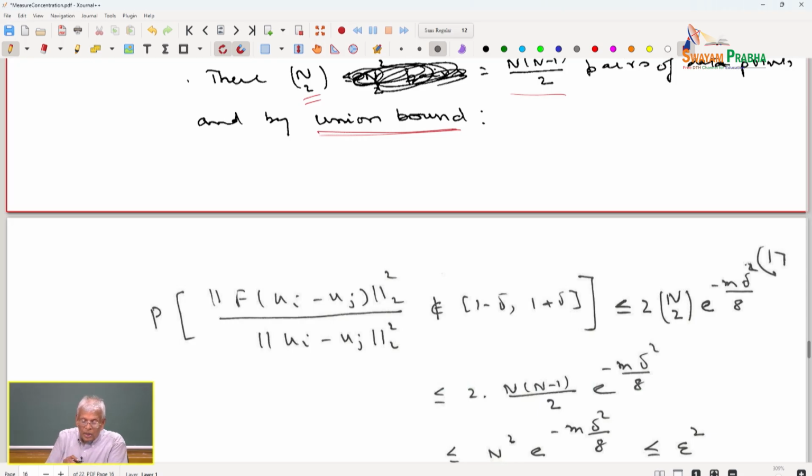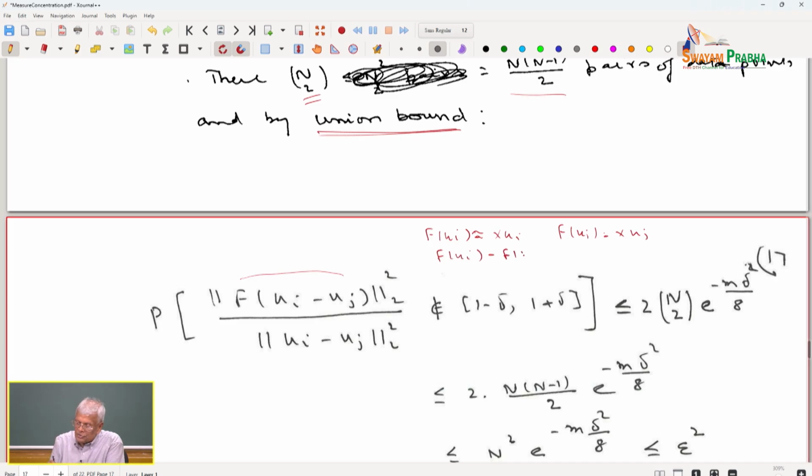So, now considering the pairwise distances between the images, look at this now. F of ui is proportional to, except for the multiplying constant, x of ui. F of uj is equal to x of uj. Therefore, f of ui minus f of uj is equal to x times ui minus uj, and that is equal to f of ui minus uj.